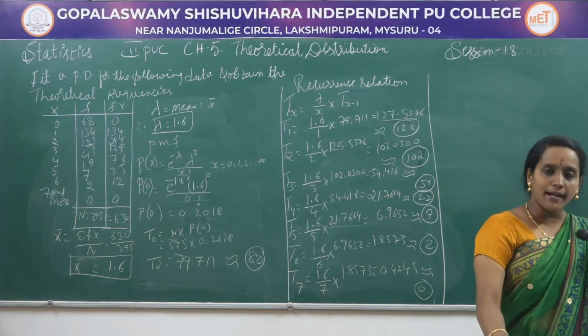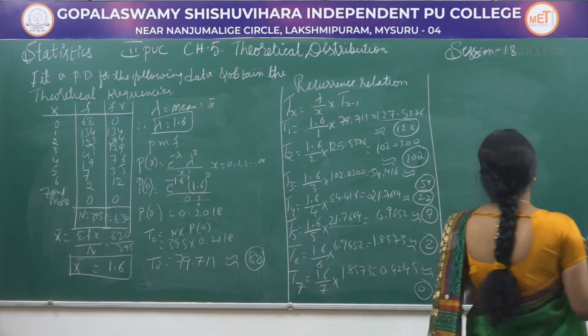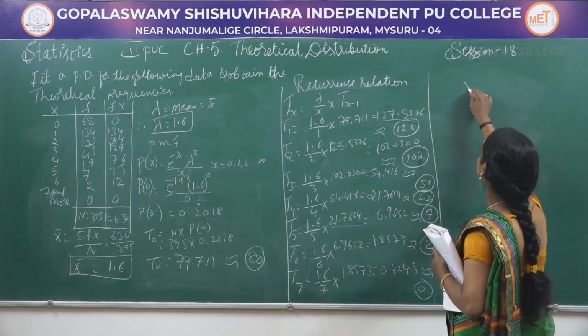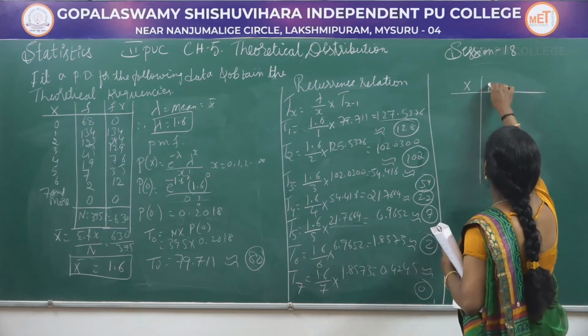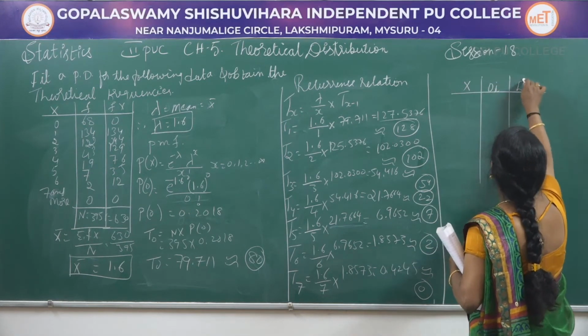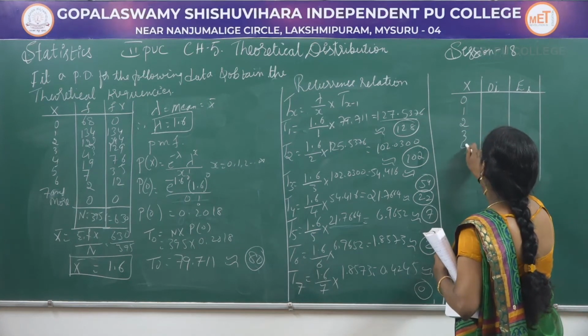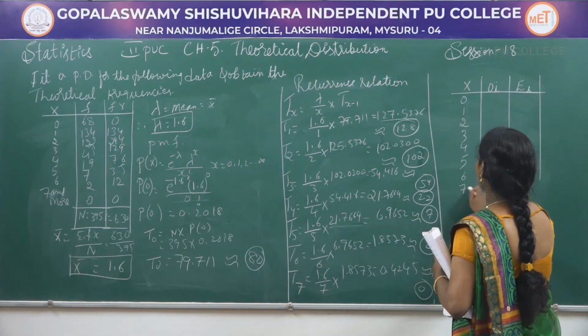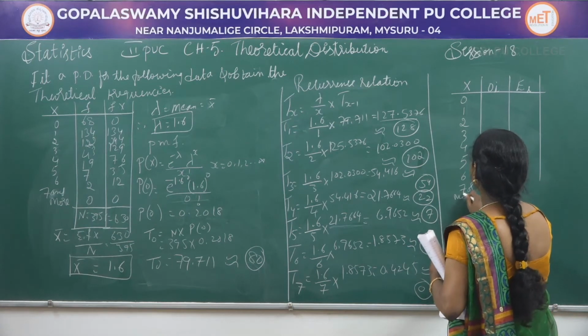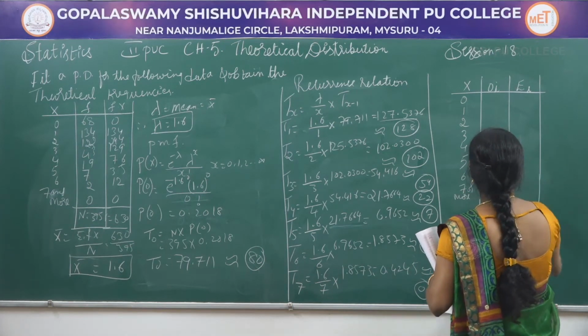Next, we have to tabulate those values: x, observed frequency, and expected frequency. x is 0, 1, 2, 3, 4, 5, 6, 7 or more.